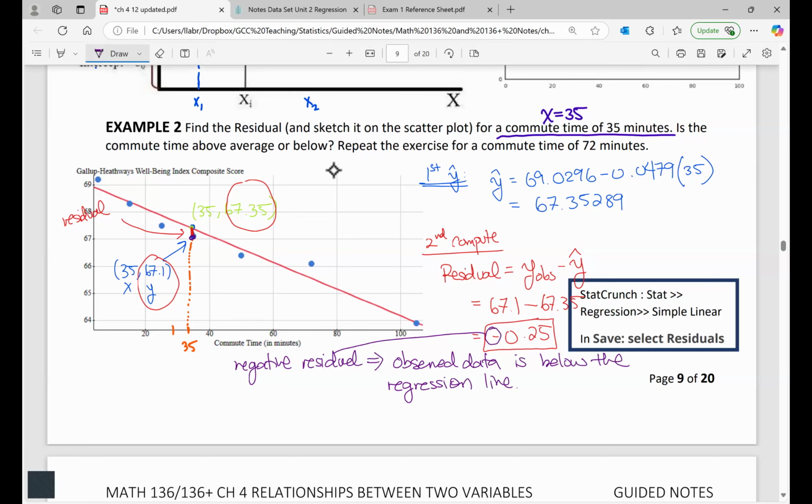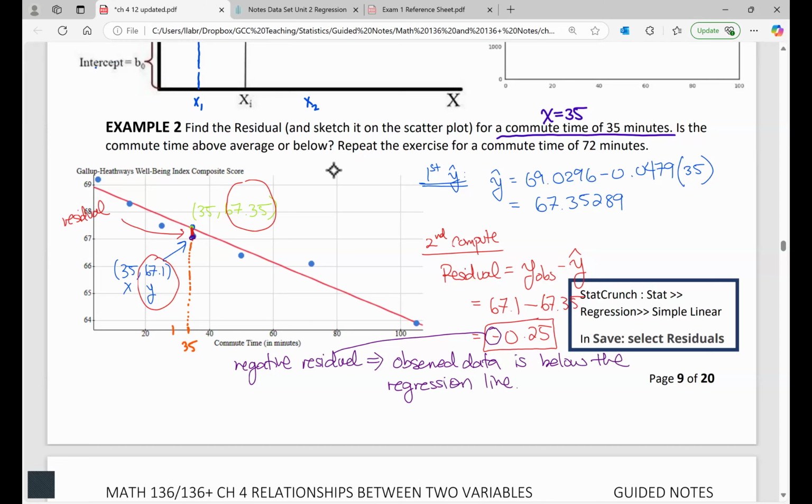And the fact that the regression line is the average, then that means that my data point that I observed is below average, which is the commute time. Data point is below average.